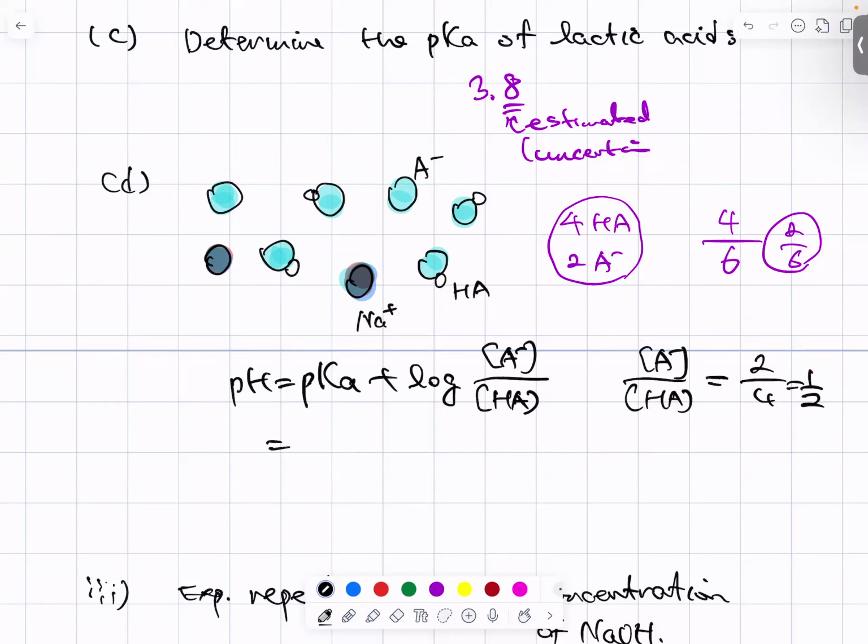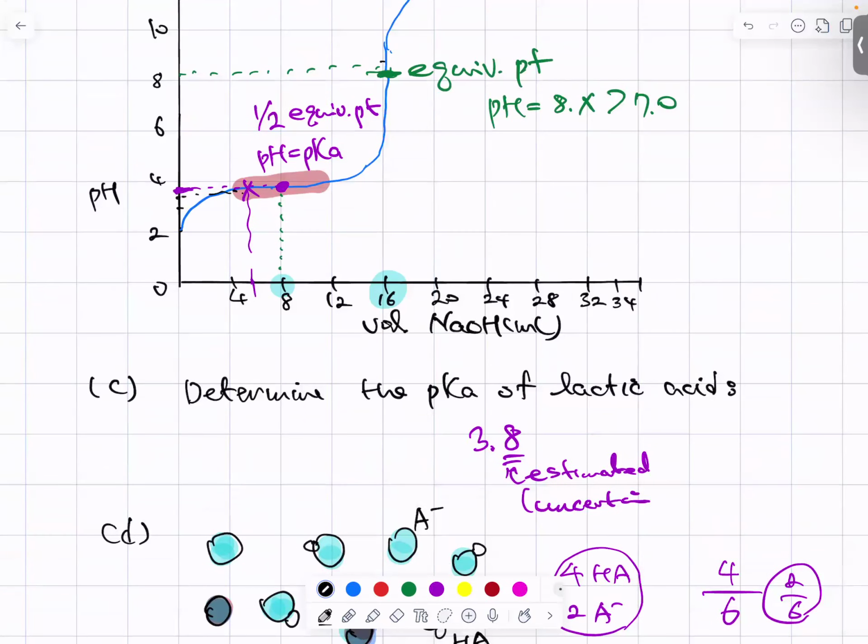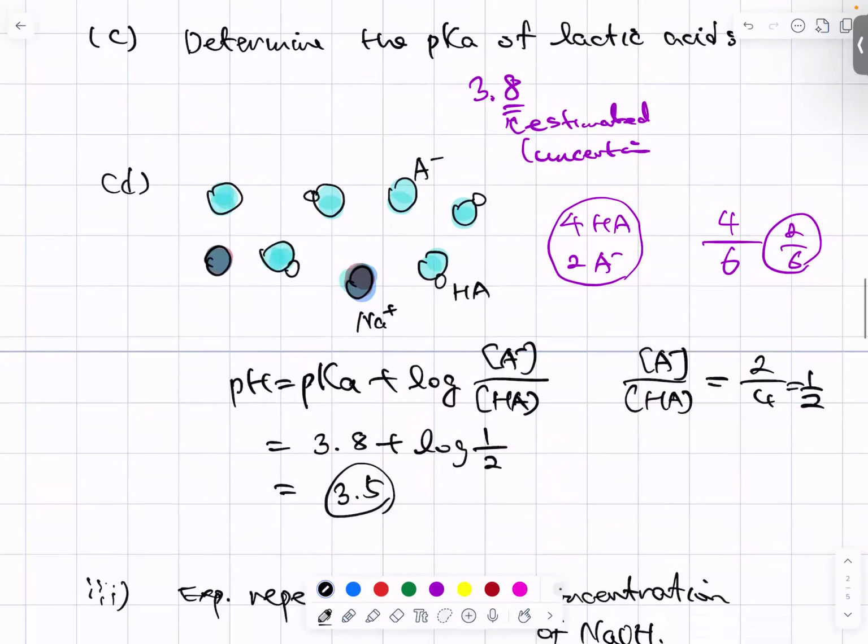And we figured out the pKa value is 3.8. 3.8 plus log of 1/2, then we find that this value is 3.5. Okay, so when you go to 3.5 right there, we are also encountering this point. So this way it confirms what is asked in this problem.